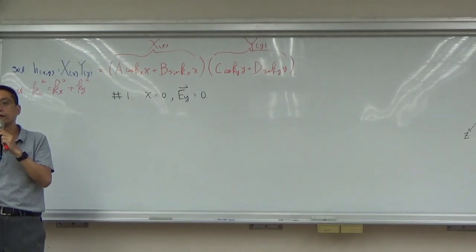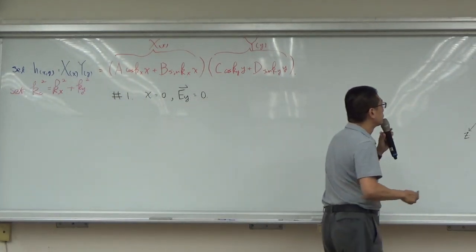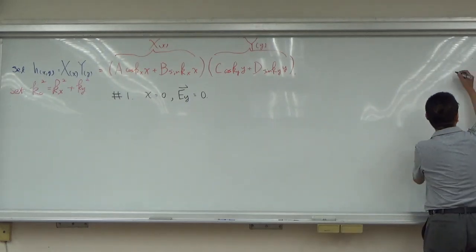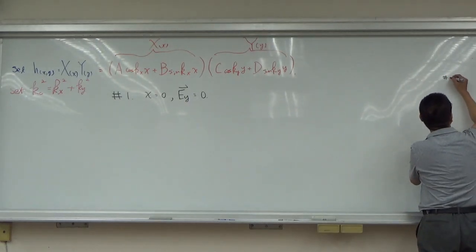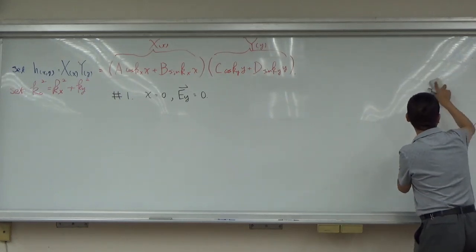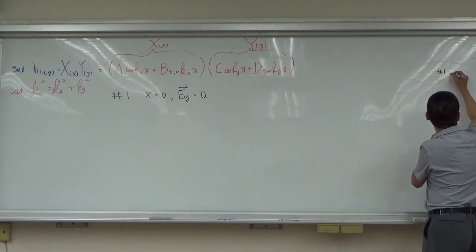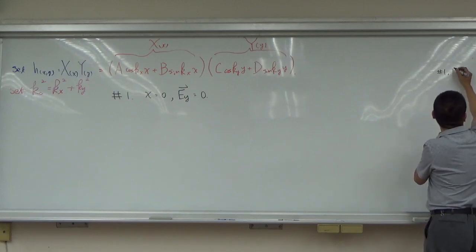Okay? So boundary number 1, let me write down here. X equals to 0 and EY equals to 0.